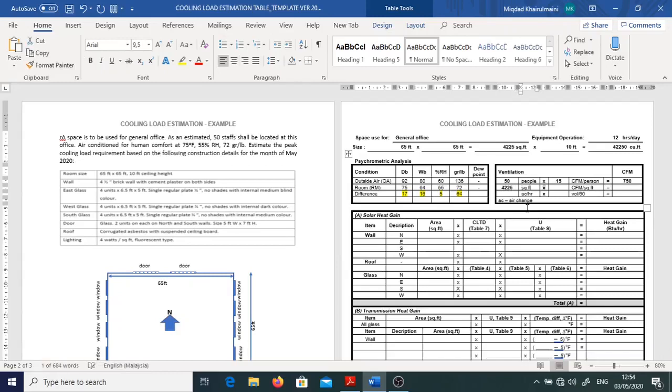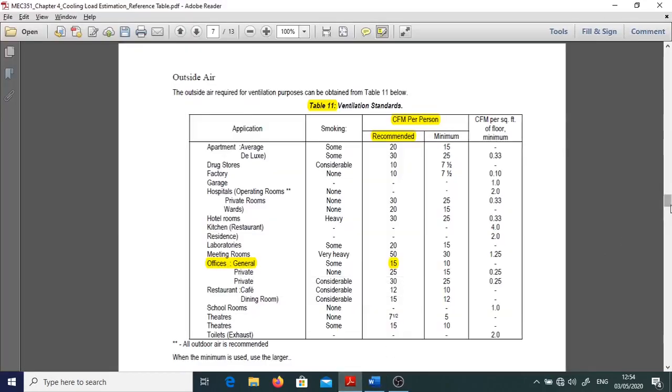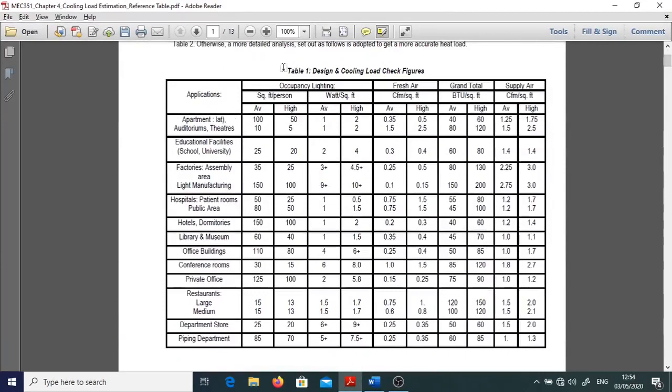4,225 times the CFM per square feet. This one is in table 1. So we open table 1 here. Again, we look at the application, and we choose the exact or nearest application. So for general office, we know the most logical, nearest application will be inside an office building.